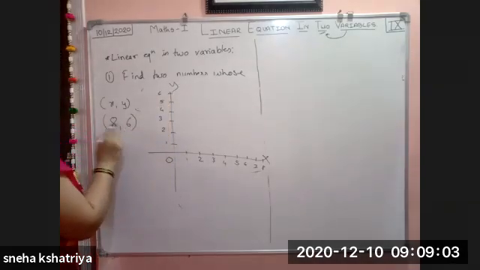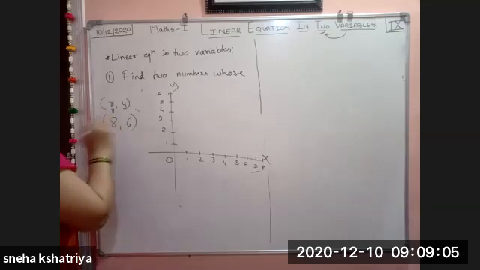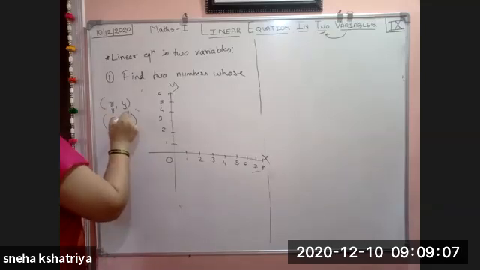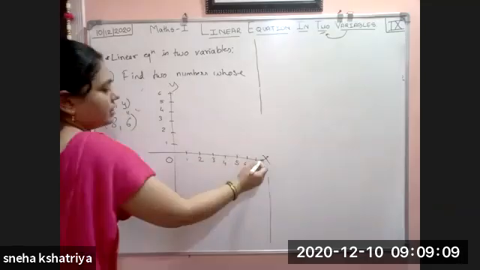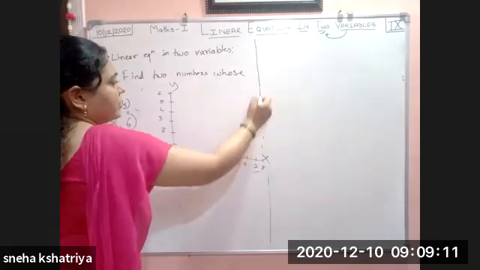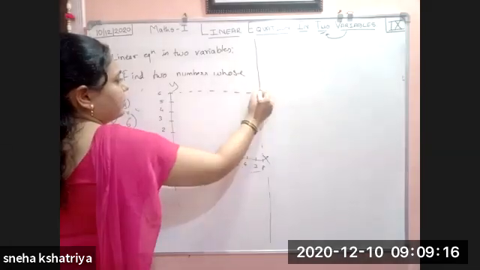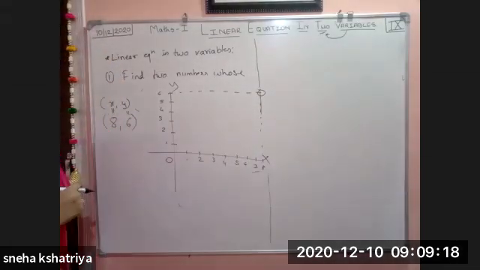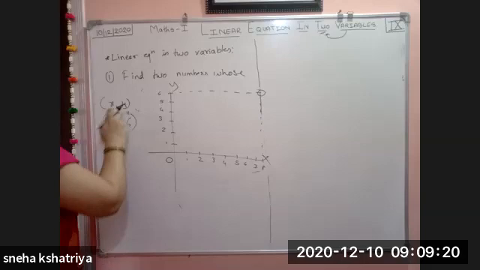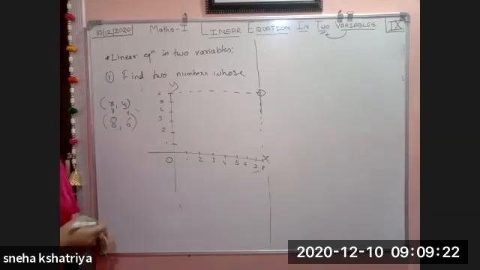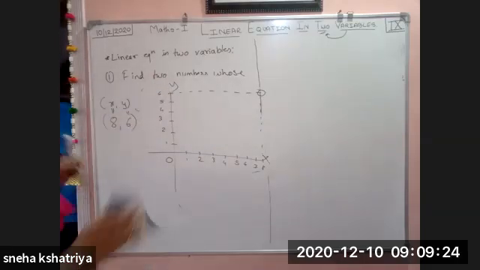So this is 8 and 6. The value of x is 8 and the value of y is 6. This point is the solution of the given equation. But this is not for this year.